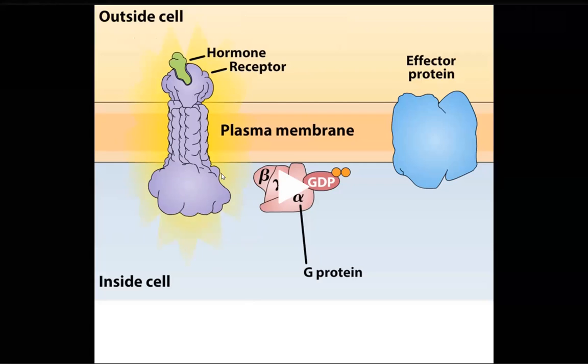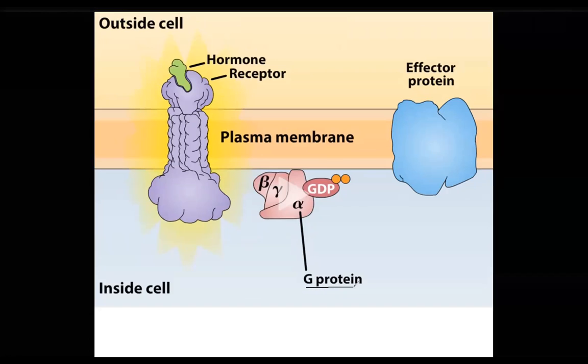GPCR refers to a complex of several different types of protein, the most important of which is commonly referred to as the G protein. This is the most important protein present in the case of GPCR. Any protein molecule that has a G protein is said to be a GPCR molecule.